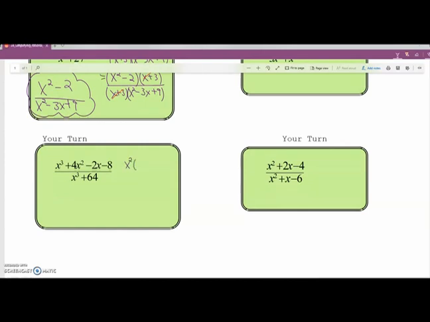So this one's just like the one above it. Factor by grouping in the top. A little factoring in the bottom that you don't know how to do yet, but I'll show it to you in class one day. X times x times x plus 4 times 4 times 4. And it's got a specific pattern for how to factor it, and I'll show that to you one day. Finish doing the grouping on top, which is x squared minus 2 times x plus 4 over what we already factored in the bottom.